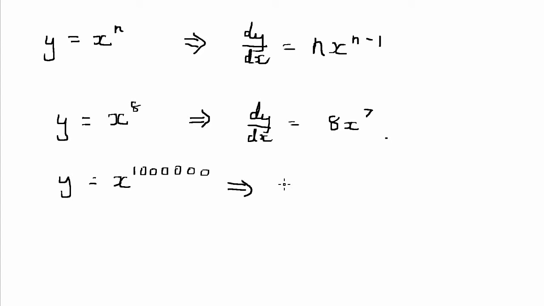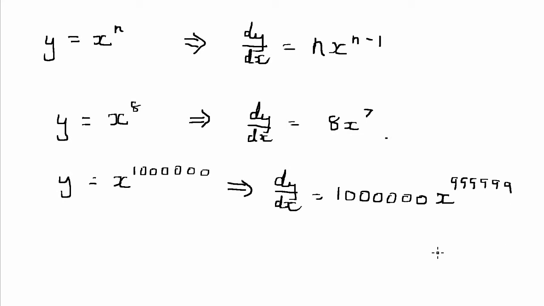We could now tell that dy dx would be 1 million x's to the 999,999. You're very unlikely to see examples like that, but the rule is exactly the same for every positive integer value of n.